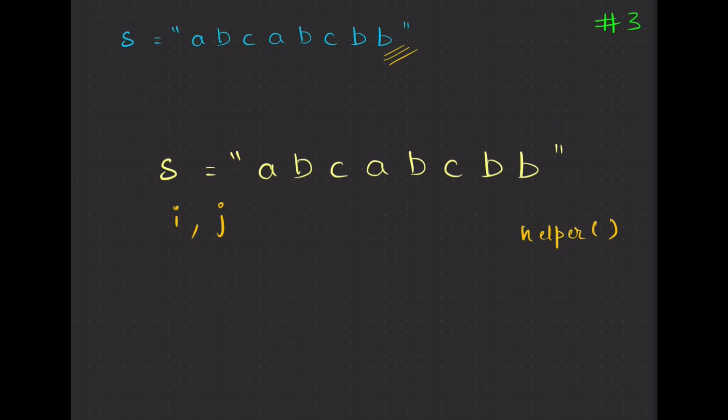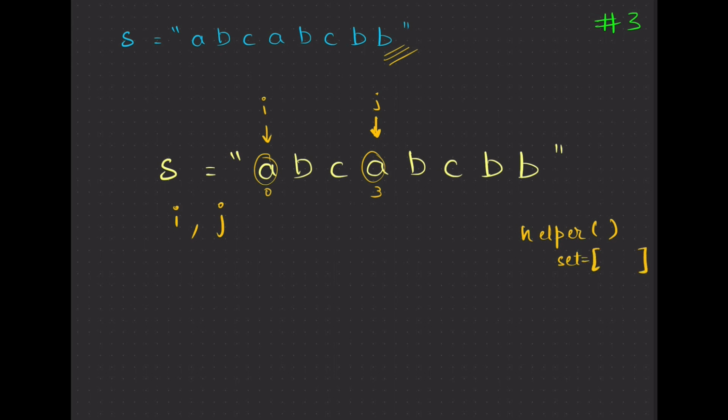So let's assume this is i and this is j here at these positions 0 and 3. We would initialize a set here that would carry all the elements.